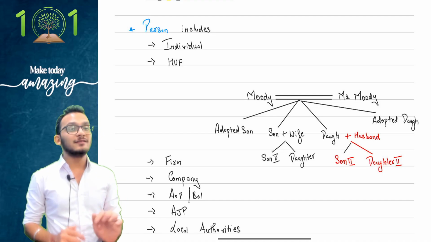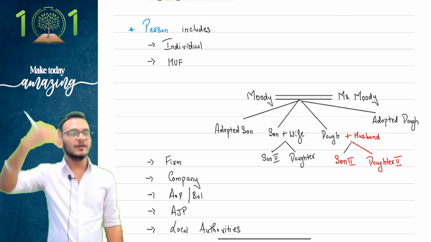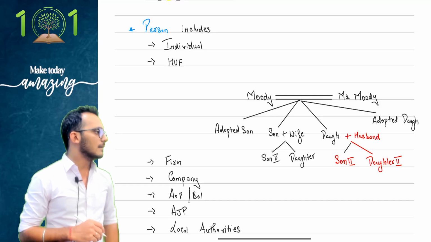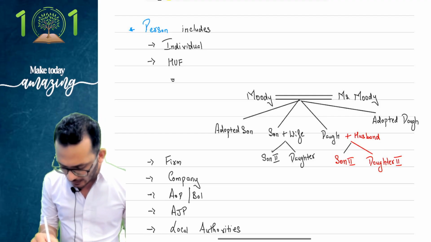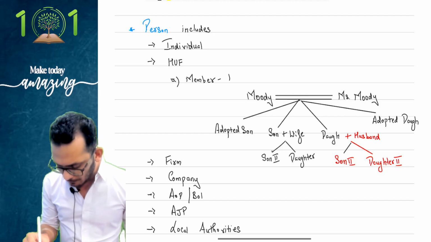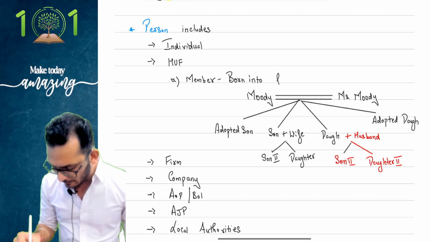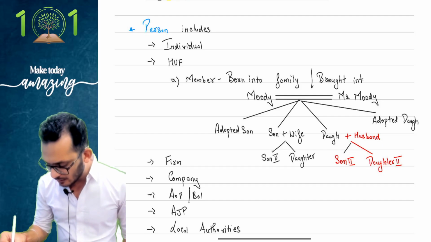The daughter's husband is not brought into our family because the daughter is technically moving to the other family, and therefore they are not part of the HUF. Are we clear? So, a member is nothing but a person who is born into the family or brought into the family. Correct?